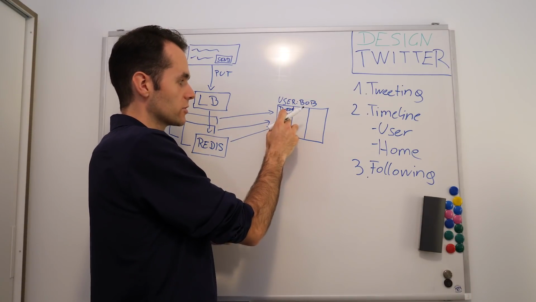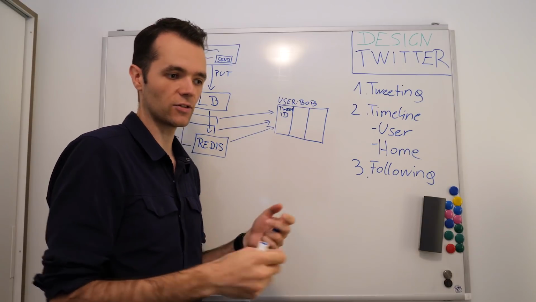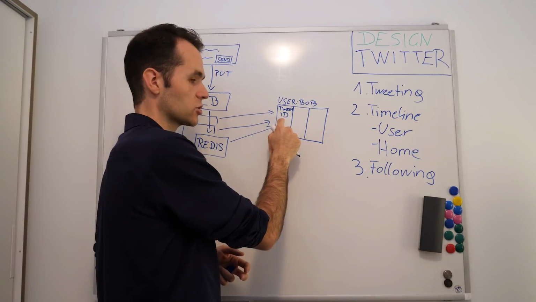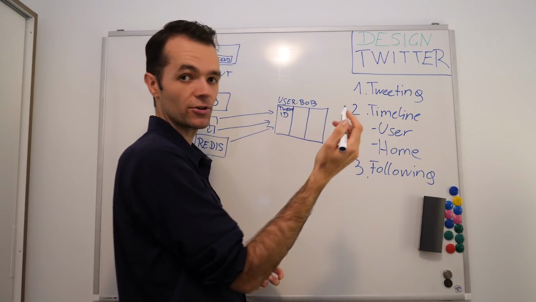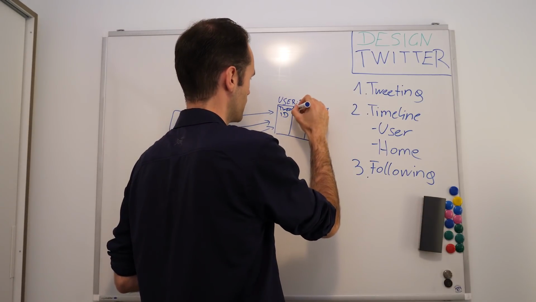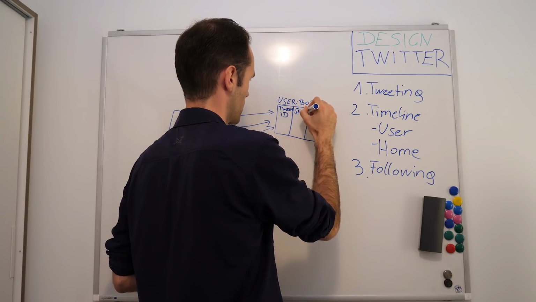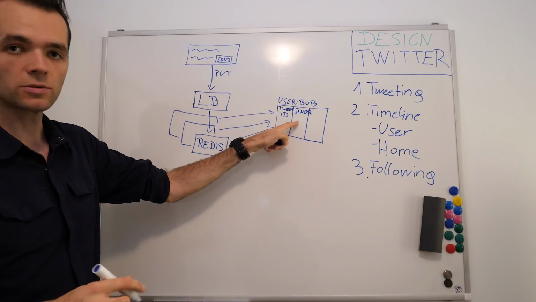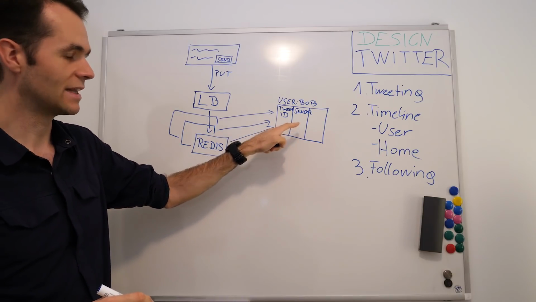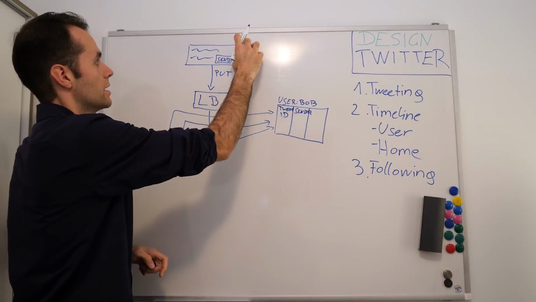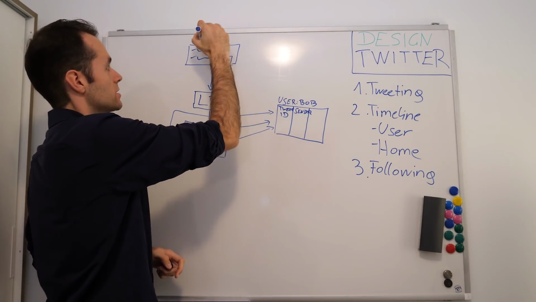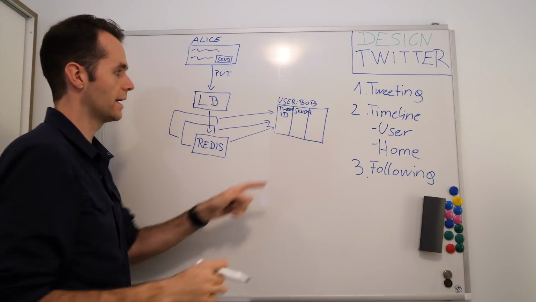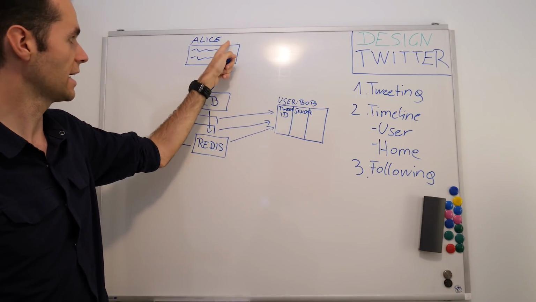So we could store all the information about the tweet itself in a different table, but maybe it makes sense to have not only the tweet ID but also the sender in there, right? So this is user Bob's list in Redis, and up here, this person is maybe Alice, right? And Bob follows Alice.